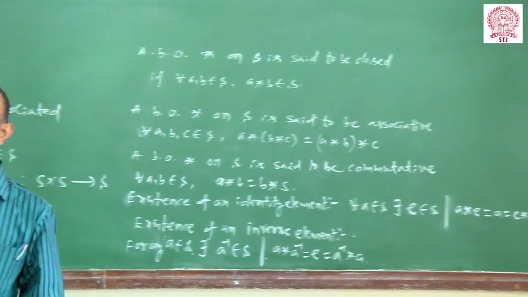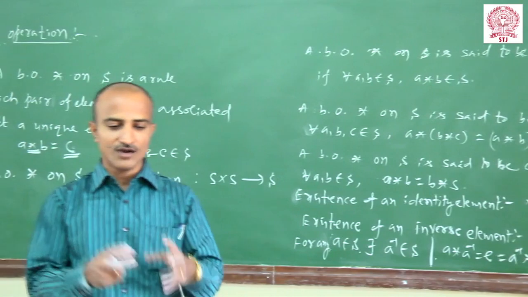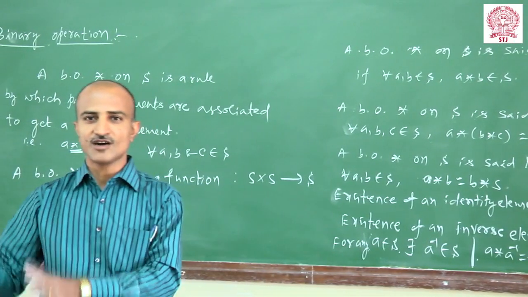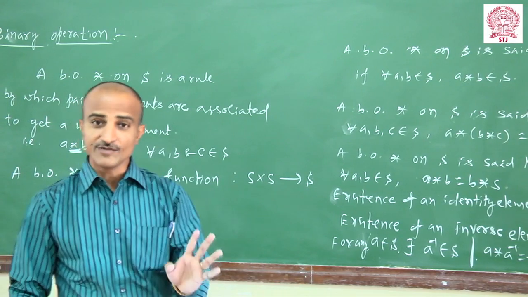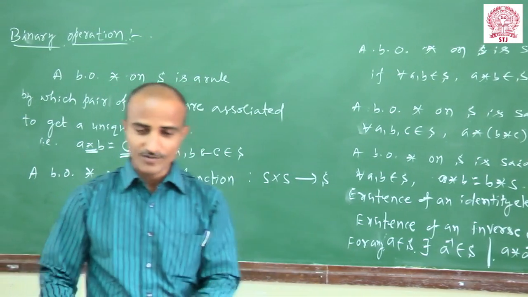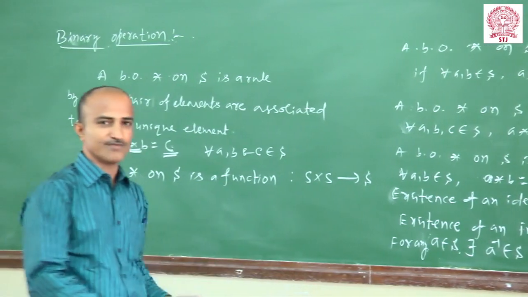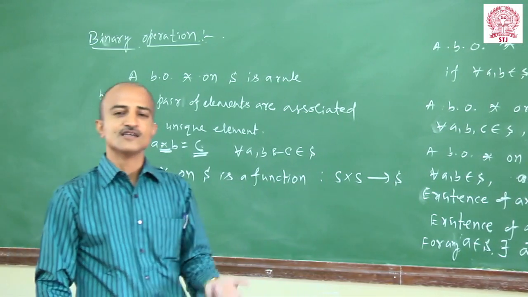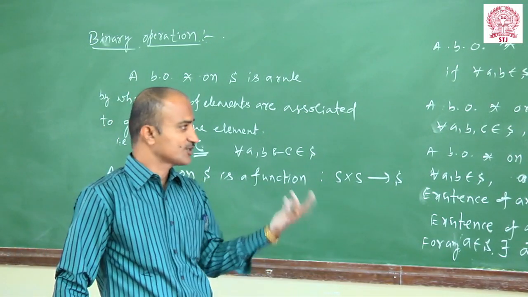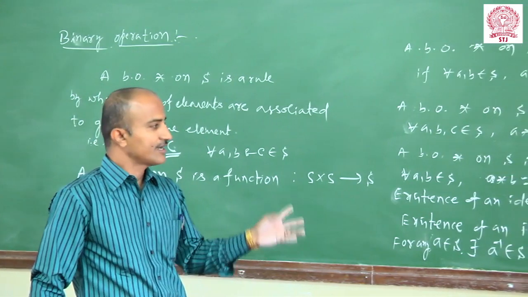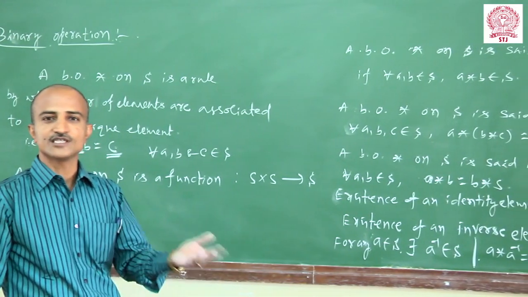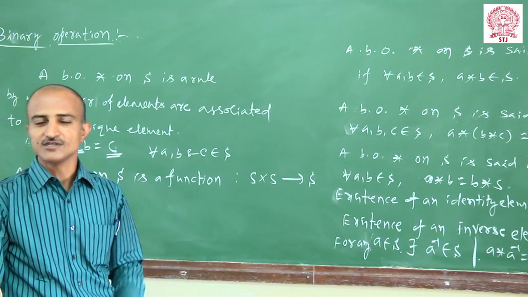We will solve some problems regarding whether the defined star is a binary operation or not under the given set. We will discuss that with a few examples and also verify whether the defined star is associative or commutative, or we will also find an identity element whenever the star is defined on the respective sets.